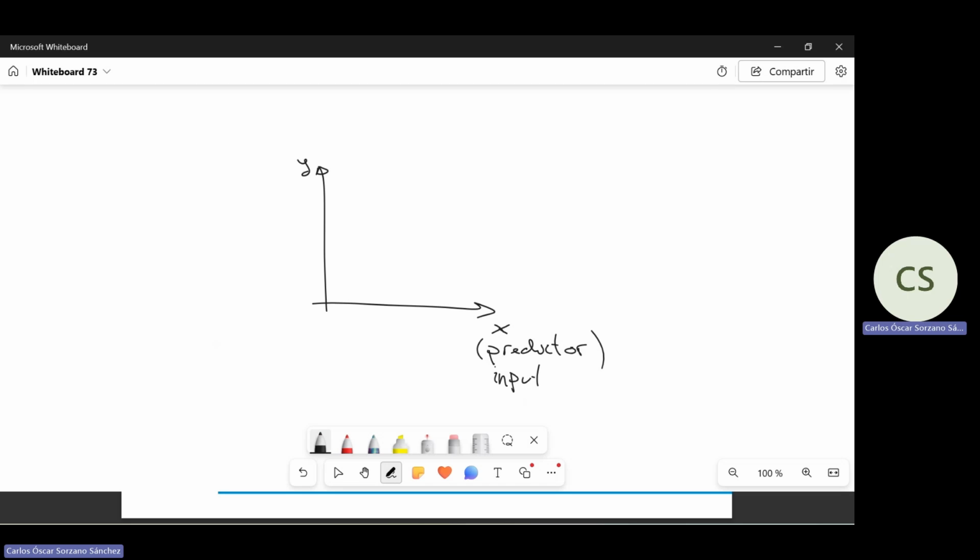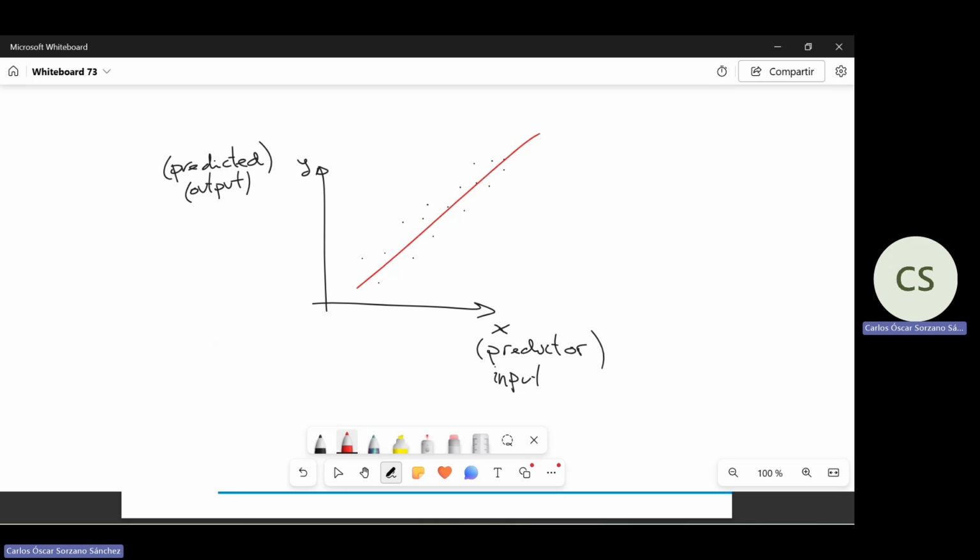And you are given some pairs, so you are given some points. Let's say there's a nice relationship between the two, and then you are trying to find this line.